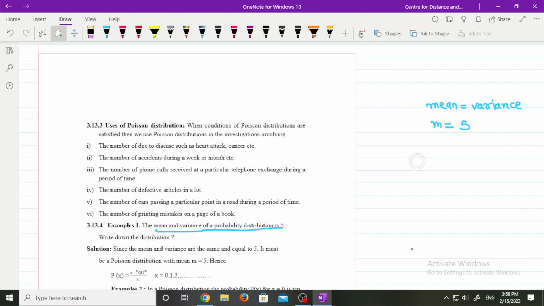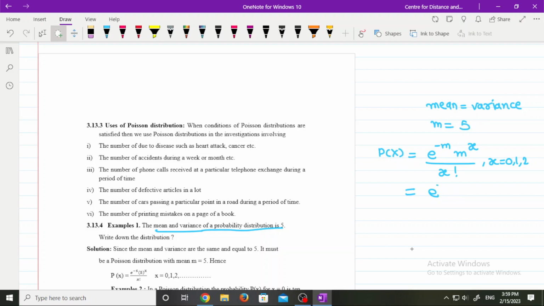Here, Poisson distribution with mean m equal to 5. P(X = x) equals e raised to minus m, m raised to x divided by x factorial, for x equal to 0, 1, 2 and so on. What is the value of m? Here 5.